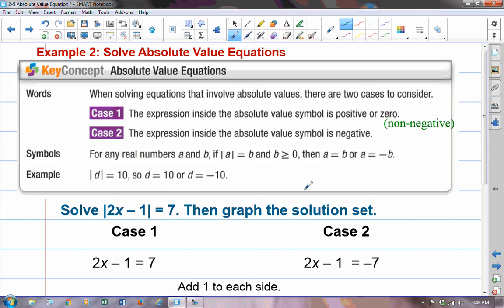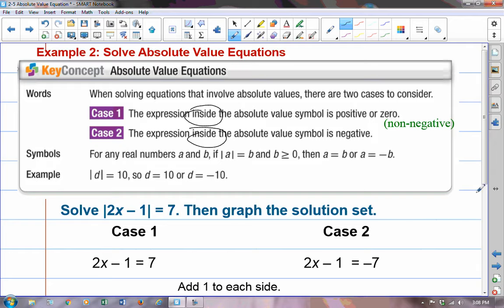Solving absolute value equations, you have to always consider two cases. First of all, make sure that you know that the first case is going to be positive or 0, or as we call it in math world, non-negative. Now, if it's the case of being 0, there's only ever going to be one solution. But with something that's not 0, you'll have a situation where inside the absolute value it's positive, and a situation where inside the absolute value it's negative.